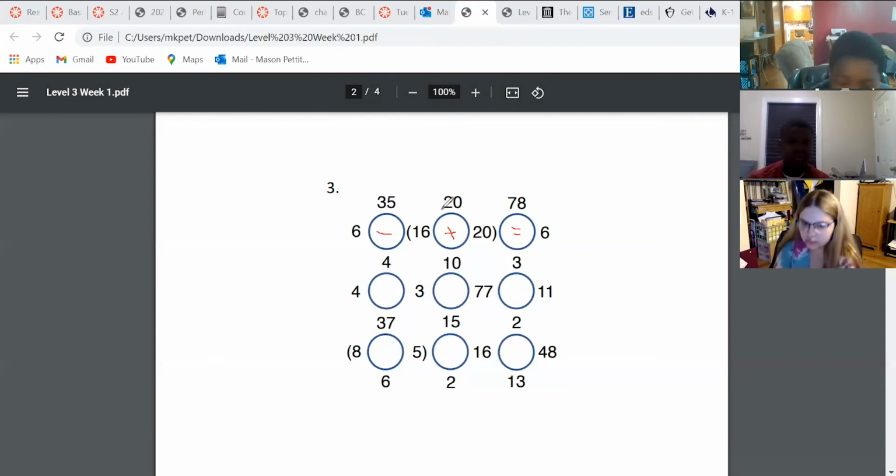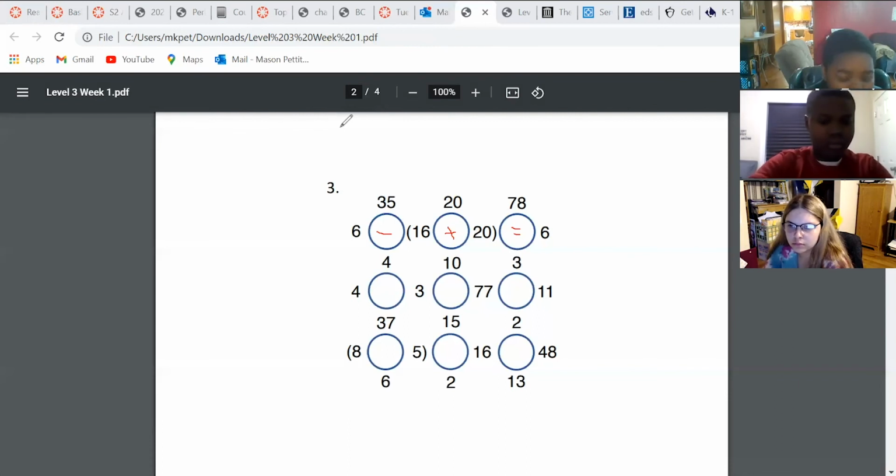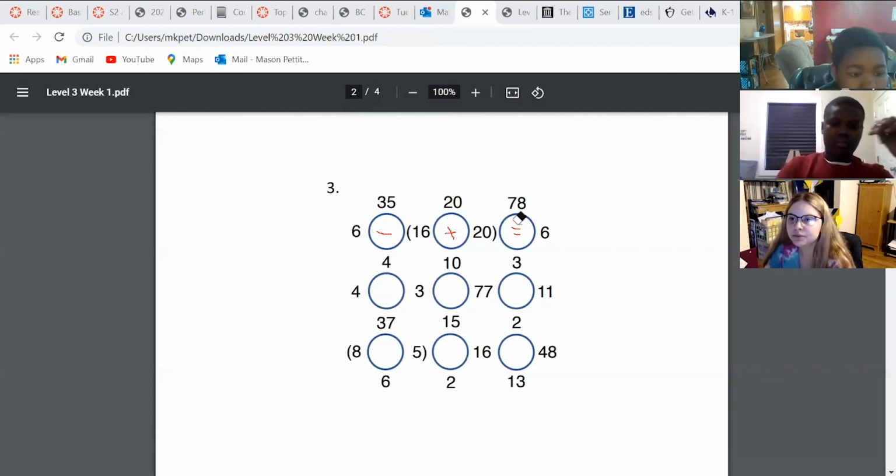So let's think about this. 16 plus 20 should give us 36, right? But then we have 6 minus 36. 6 minus 36, I don't think it gives us 6. It should give us like negative 24, right? So make sure you have a bigger number minus a smaller number, because none of these numbers are negative, meaning if you have a smaller number minus a bigger number. Oh, it was a division sign.